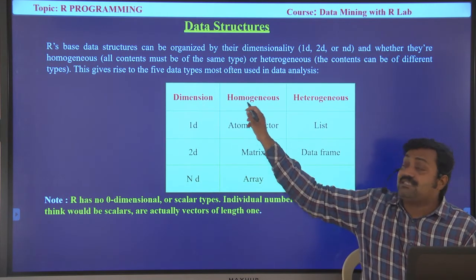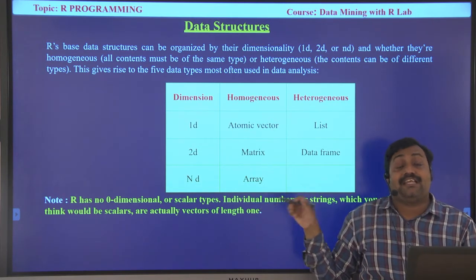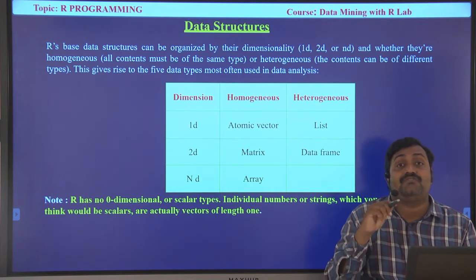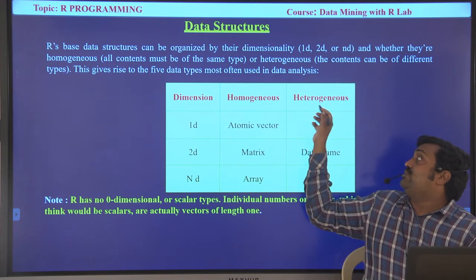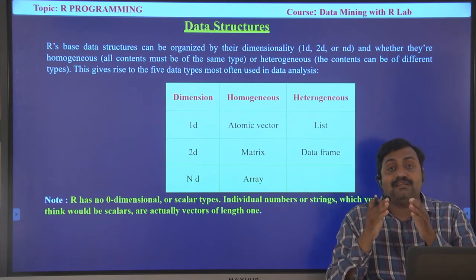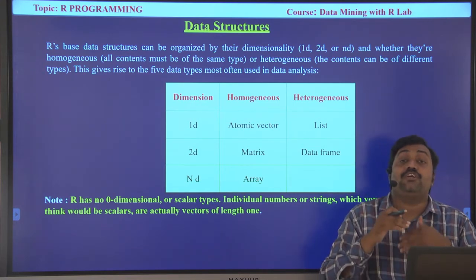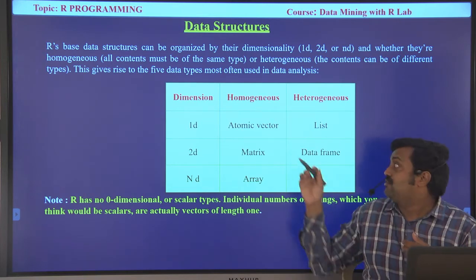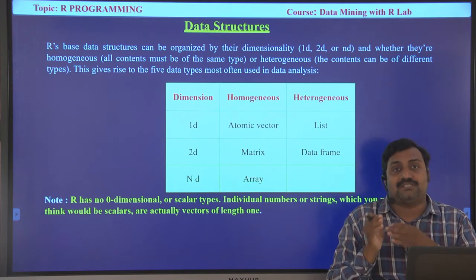So homogeneous data structures can accept only one type; there is no chance of mixing different values within that object. Whereas heterogeneous means we can store integer, character, decimal, string or complex, any combination of types. So heterogeneous means mixed type. The object can store mixed types.